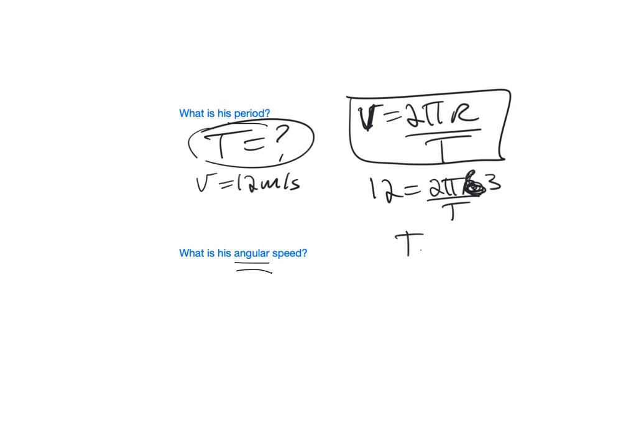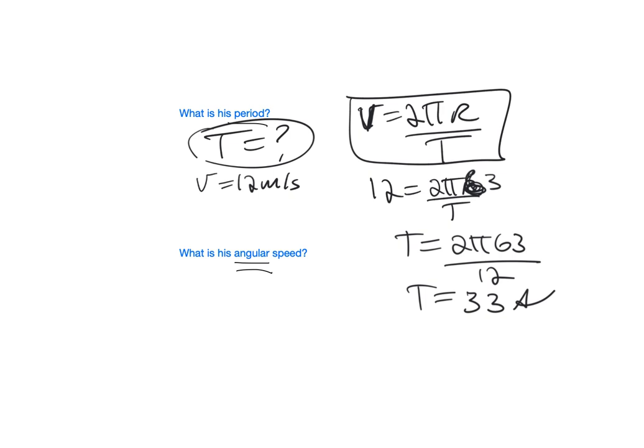So T equals 2 pi times 63 over 12. So 2 times 3.14 times 63 divided by 12. It's going to be 32.97 seconds. So I'm going to round up.